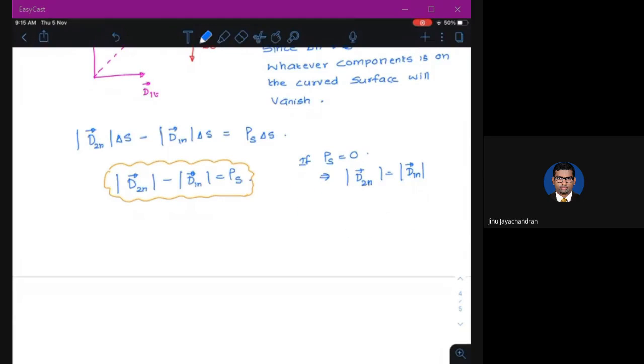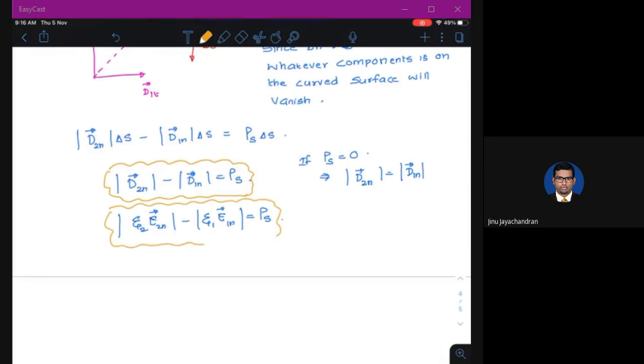Similarly, I can write D2N in terms of E2N. So this is epsilon 2 E2N minus epsilon 1 E1N is equal to rho s.